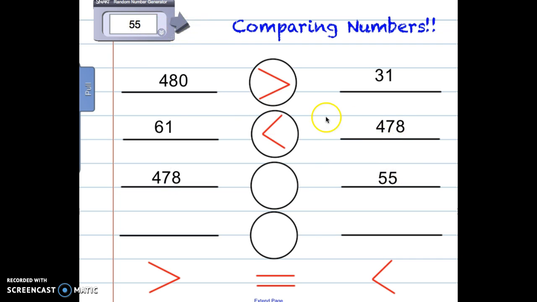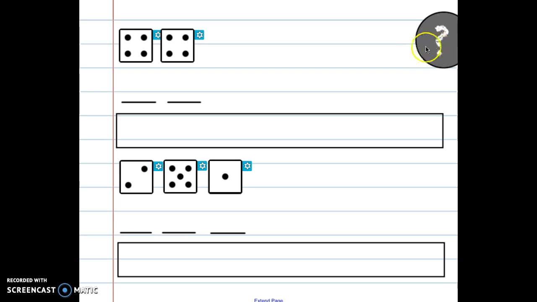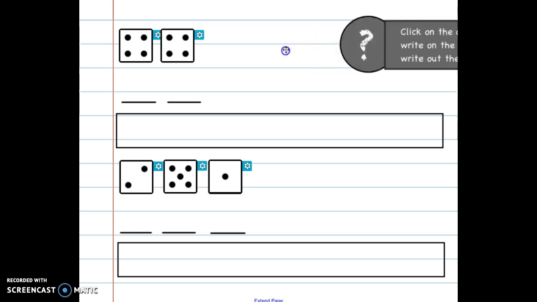Which is greater? That's right, 478. All right, 316 and 77. Now which one is greater? 316. Great job.